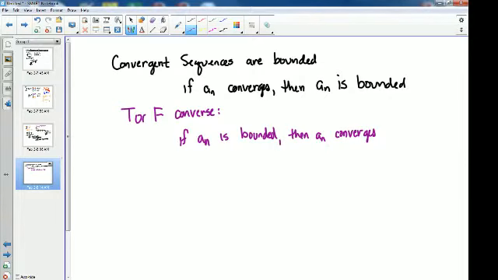Okay, let's hear it. Is there a function that is bounded that does not converge? That's what you're trying to figure out. If it's false, there's a function bounded that does not converge.